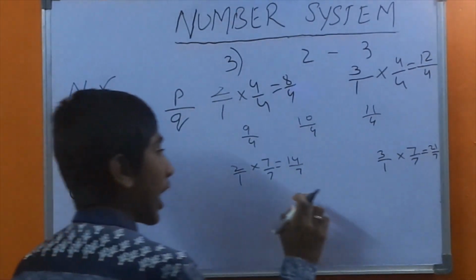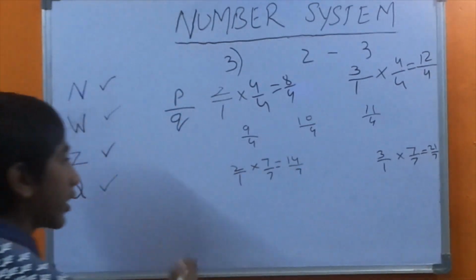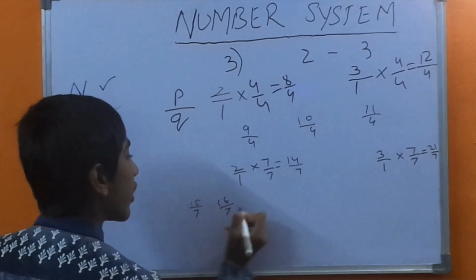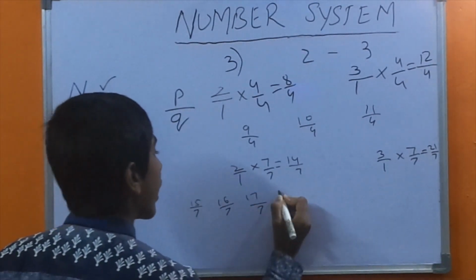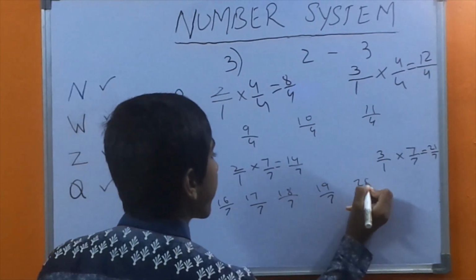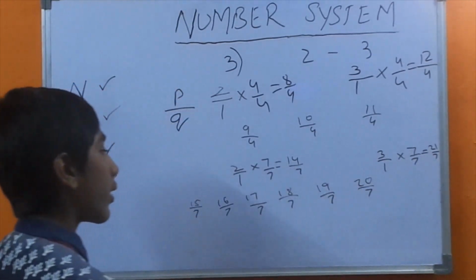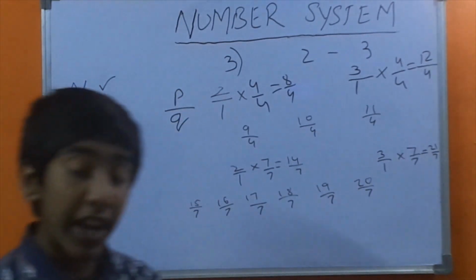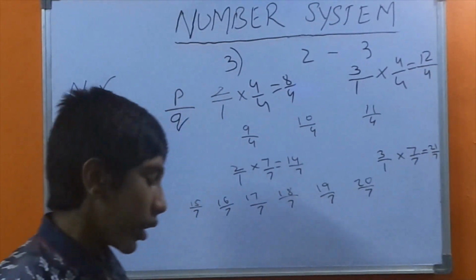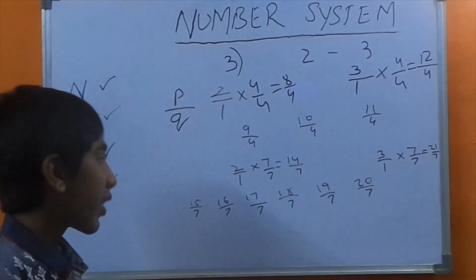So the rational numbers between 2 and 3 are 15 by 7, 16 by 7, 17 by 7, 18 by 7, 19 by 7, 20 by 7. In this way, we can find infinitely many rational numbers between any two given rational numbers.